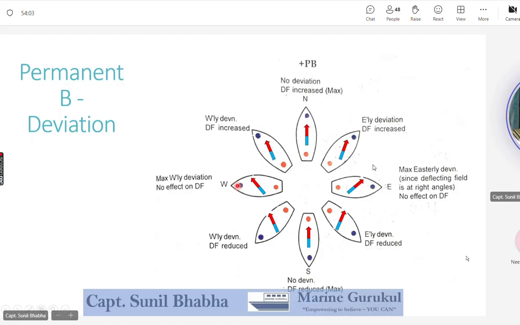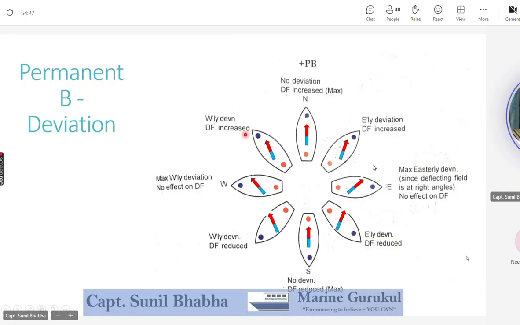The blue pole to the west of the compass needle attracts the red end towards it, generating a westerly deviation. Similarly, the red pole of the ship at the stern attracts the blue end of the compass needle, generating a westerly deviation. So maximum westerly deviation is generated on westerly heading.